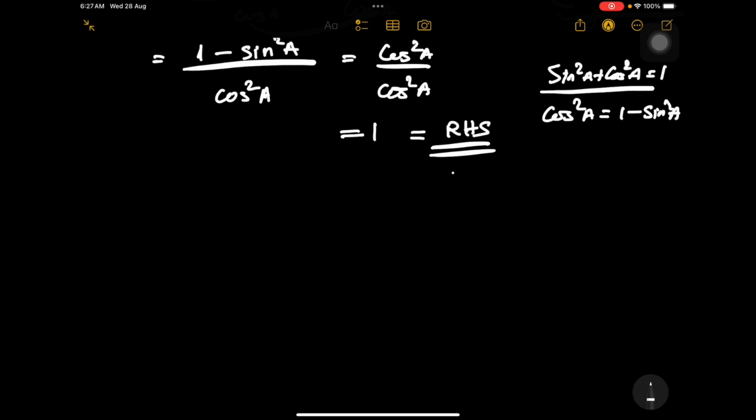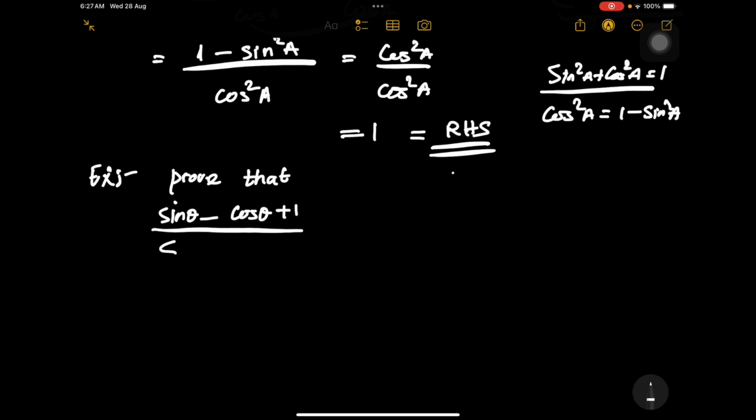And we'll prove another example. All these are proof questions. Prove that sin theta minus cos theta plus 1 over sin theta plus cos theta minus 1 is equal to 1 over sec theta minus tan theta.